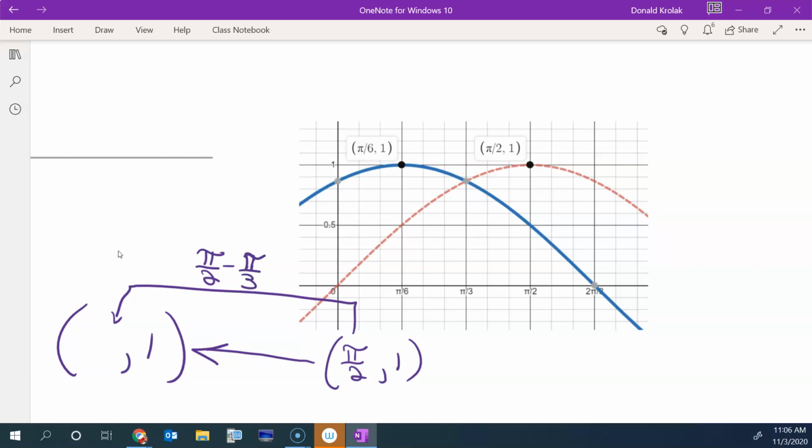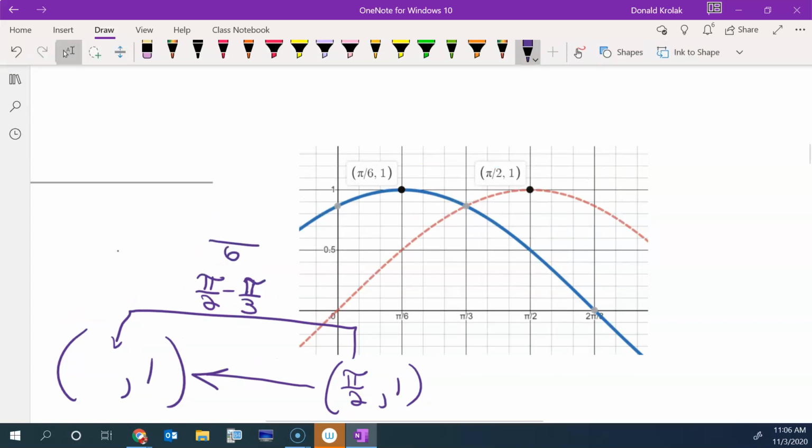So this is how you would do it without using Desmos. Get a common denominator, 6. And then this guy would have to get multiplied by 3 pi. This guy would have to get multiplied by 2 pi. So altogether, it's 6 pi over 6.